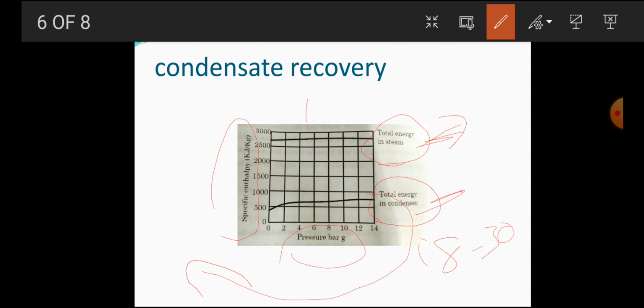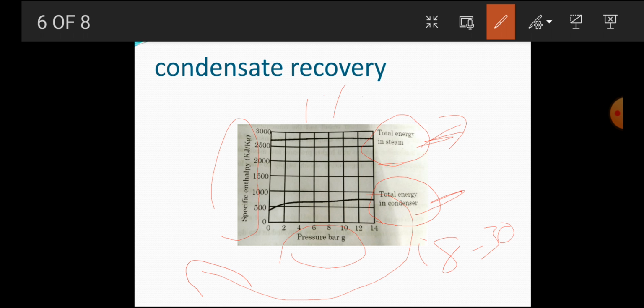So 1% is saved. Therefore, after trapping this condensate through various traps, the recovery of the energy of this condensate is very much necessary. So this chart shows how much energy we can recover.